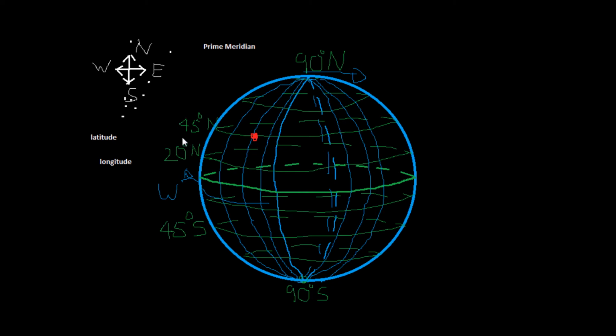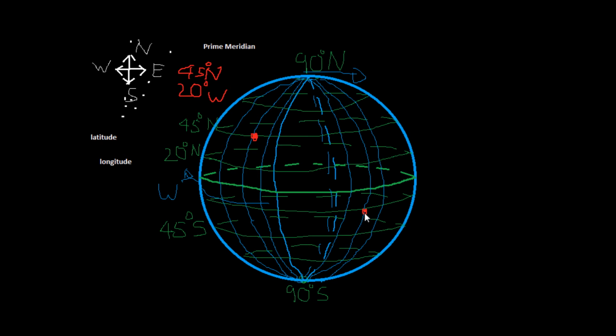So the position of that point would be written as 45 degrees north and 20 degrees west. On the other hand, a point, for example, that is located here is going to be at about 20 degrees south, since we are south of the equator here, and about 60 degrees east.